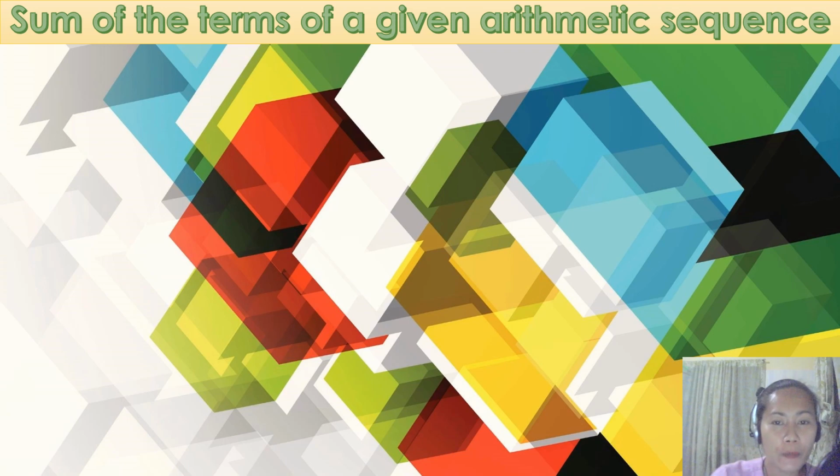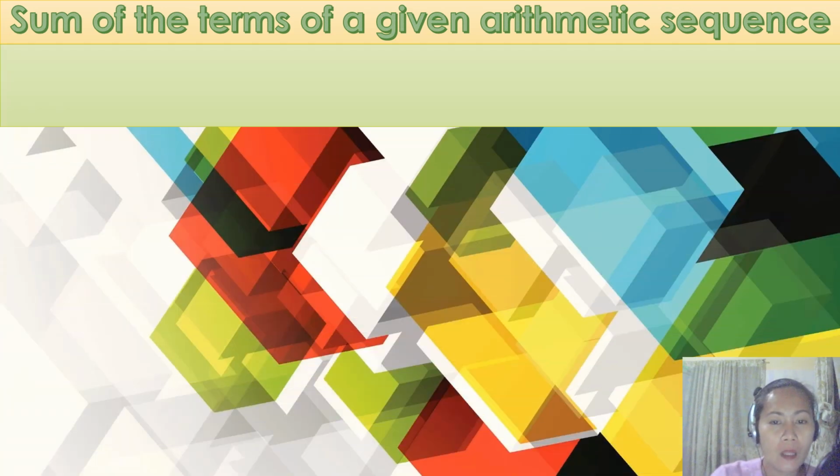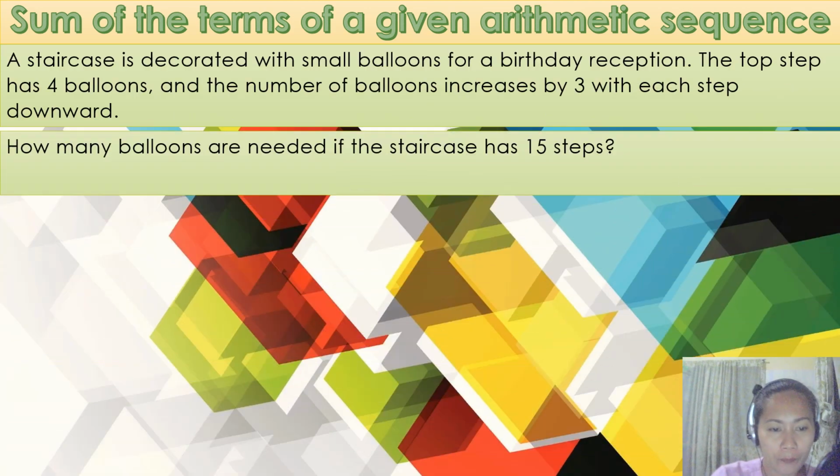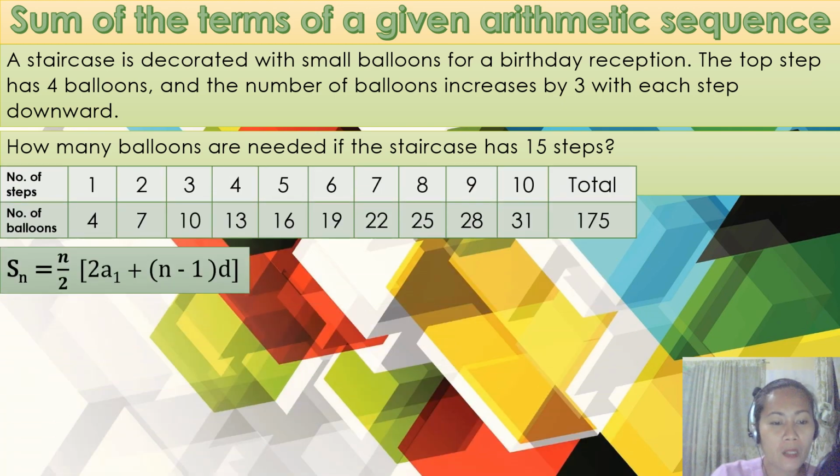If the last term is unknown, we can use this formula. Again, our problem: how many balloons are needed if the staircase has 15 steps? So we're going to use the formula S sub n equals n over 2 times the quantity of 2a sub 1 plus the quantity of n minus 1 times d.